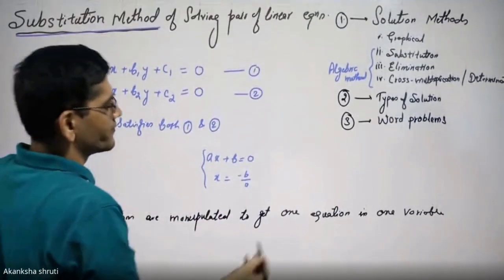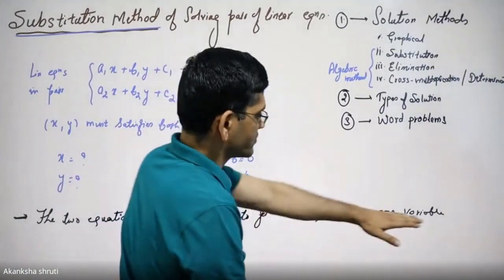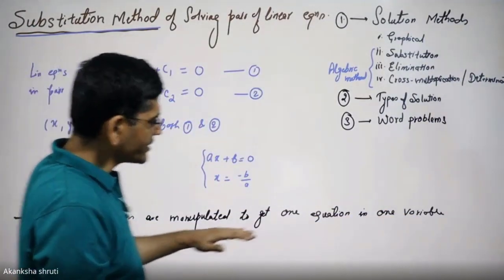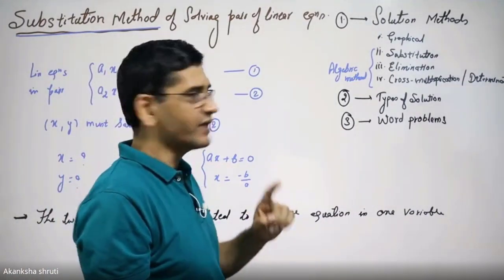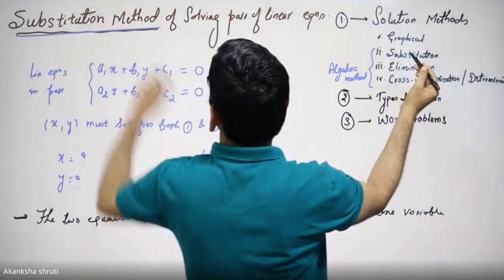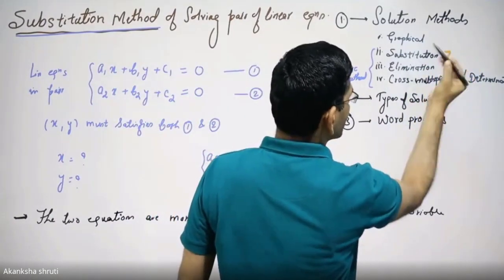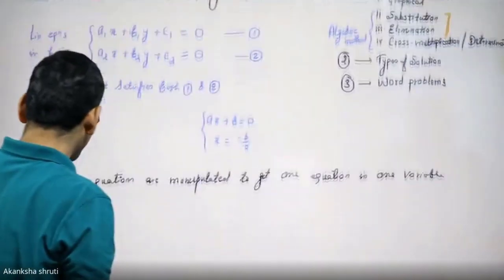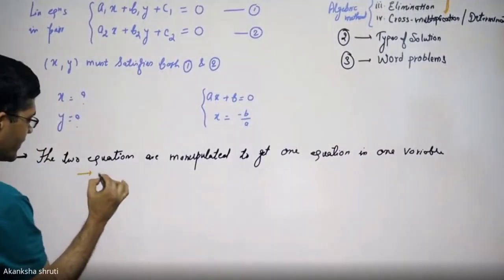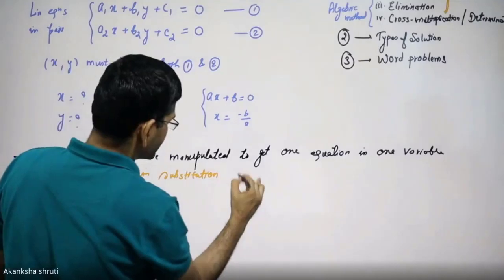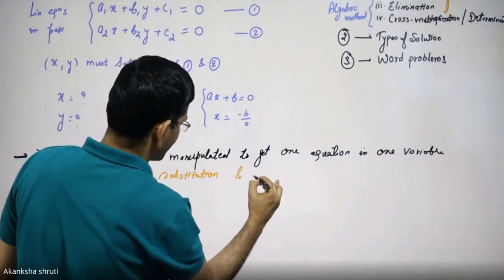This means two equations can be converted to one equation in one variable by applying these two methods. So this tool is applied in the substitution method and the elimination of coefficients method.